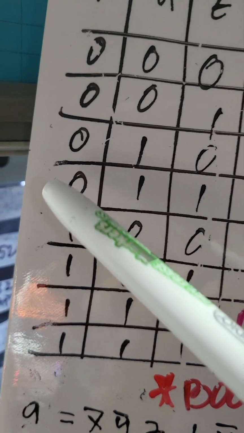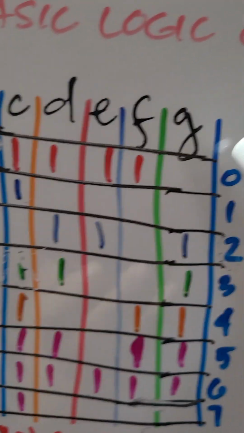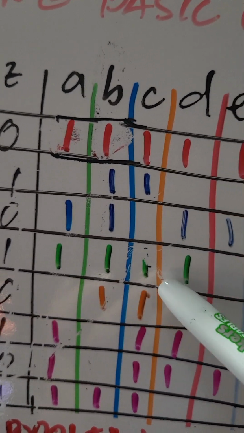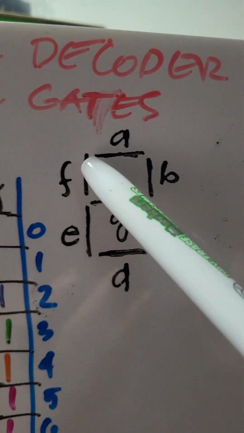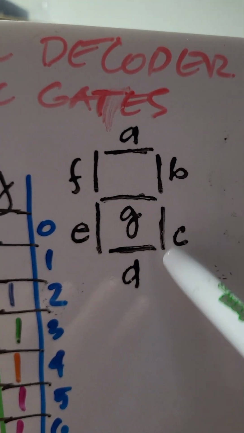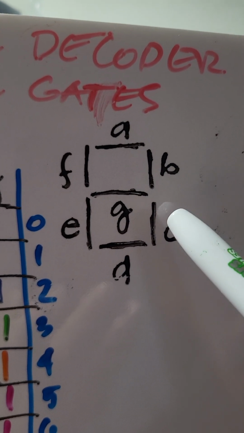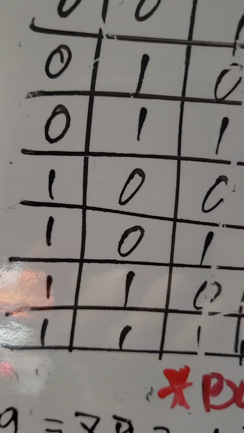Number 3, at the count of 0, 1, 1, then A is 1, B is 1, C is 1, D is 1, and G is 1. So 3. A, B, G, C, D. Number 4, the count of 4, 1, 0, 0.